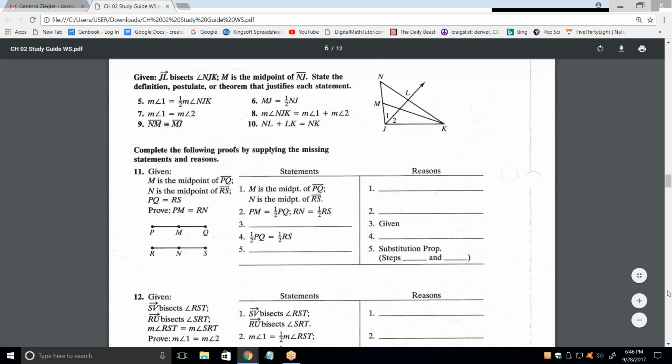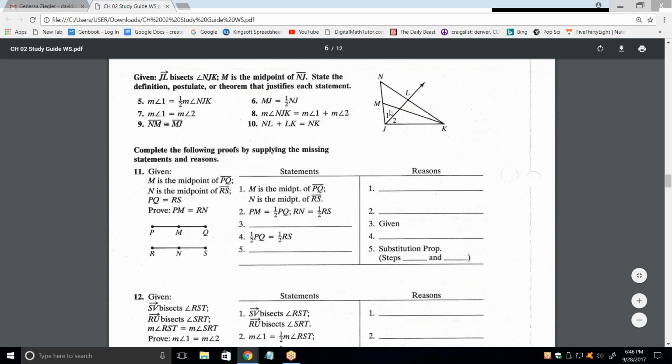That would be the definition of congruency. No, I think that's the midpoint theorem. Oh, because M is, okay, never mind. In other words, they give it that M is the midpoint of NJ, and by the congruency theorem, it means that segment is equal to that segment.